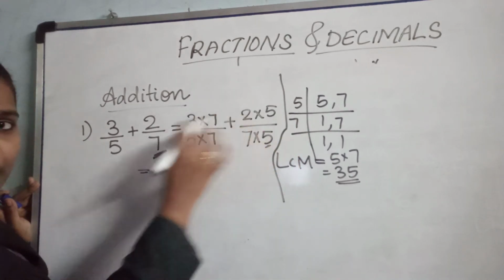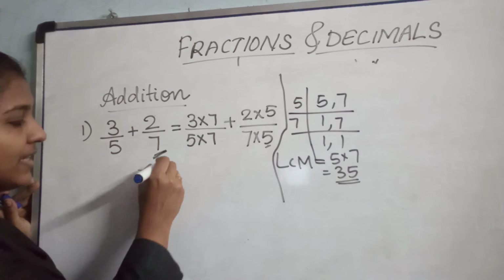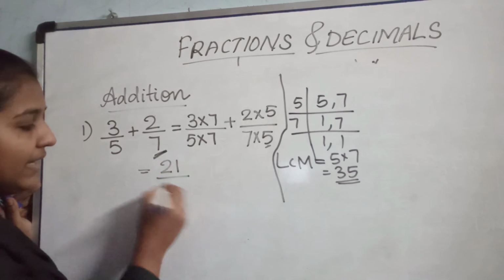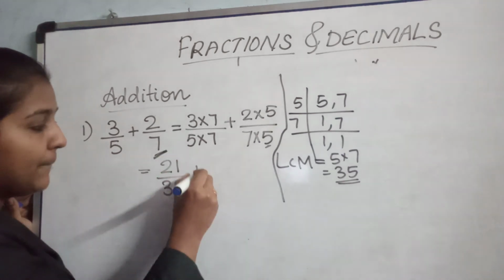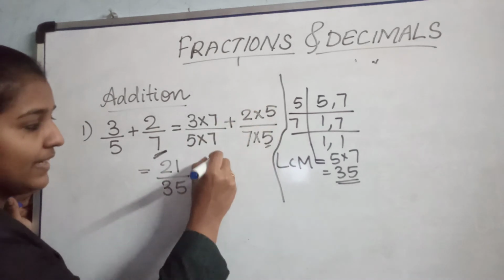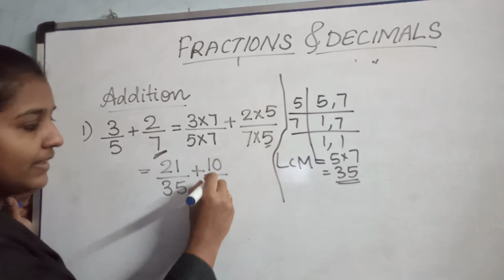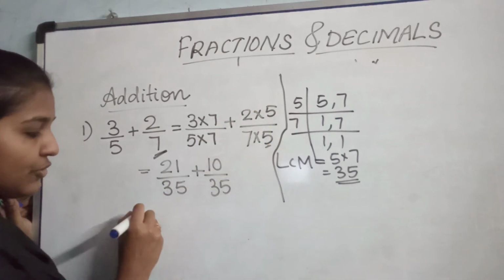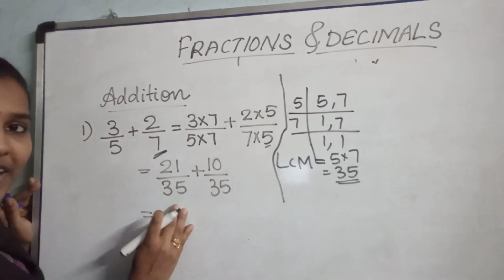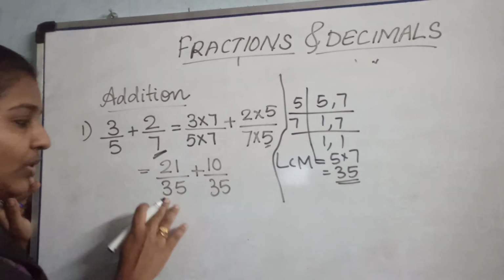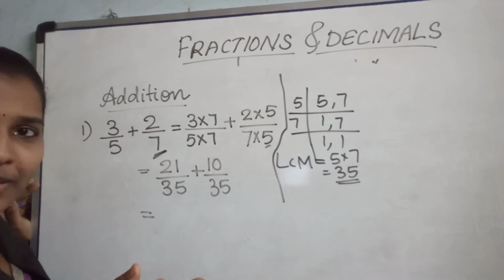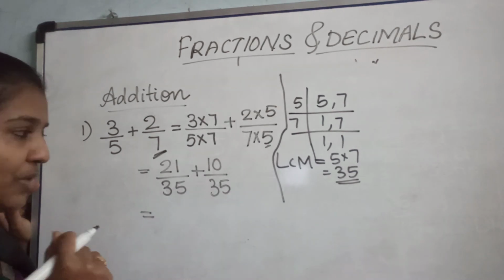Now we have to simplify this. 7 3s are 21 by 35 plus then 5 2s are 10, 10 by 35. Look children, now these two fractions are like fractions. Both are having the same denominator. So it's very easy for us to add, isn't it?